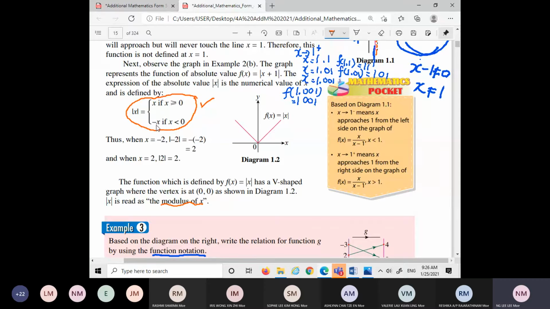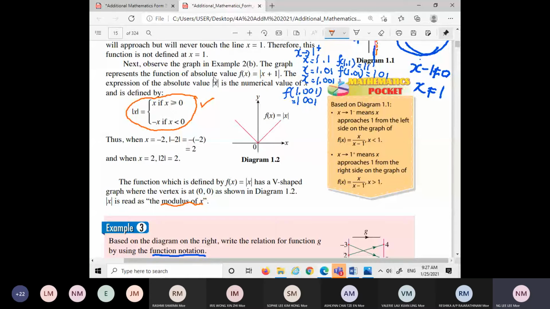You put a negative in front, so negative will become positive. Okay, let us see this example. If x is -2, with the modulus, it will change to positive 2. If x is positive 2, then it will remain as 2. Okay, this is the meaning.